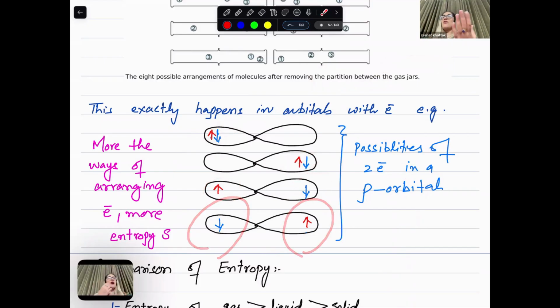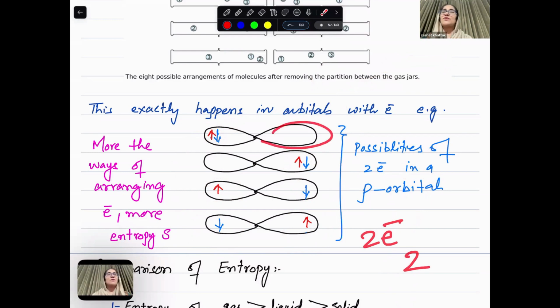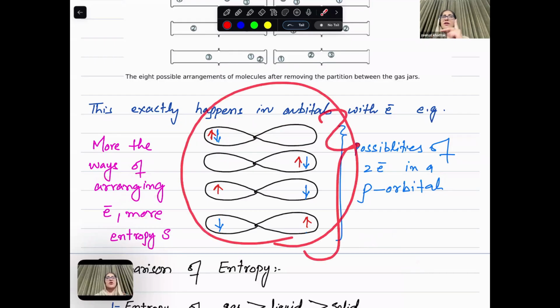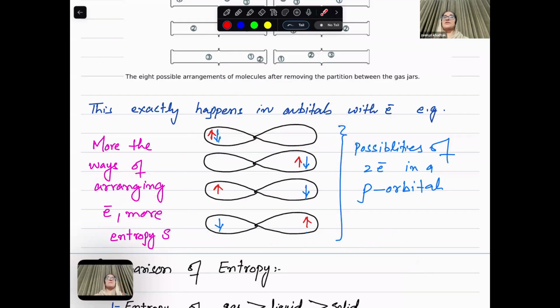There are 2 electrons and there are 2 positions, 2 lobes, right? So how much? 4 possible. The more the ways of arranging electrons, the more is entropy. Possibilities of 2 electrons in one p orbital with 2 lobes.